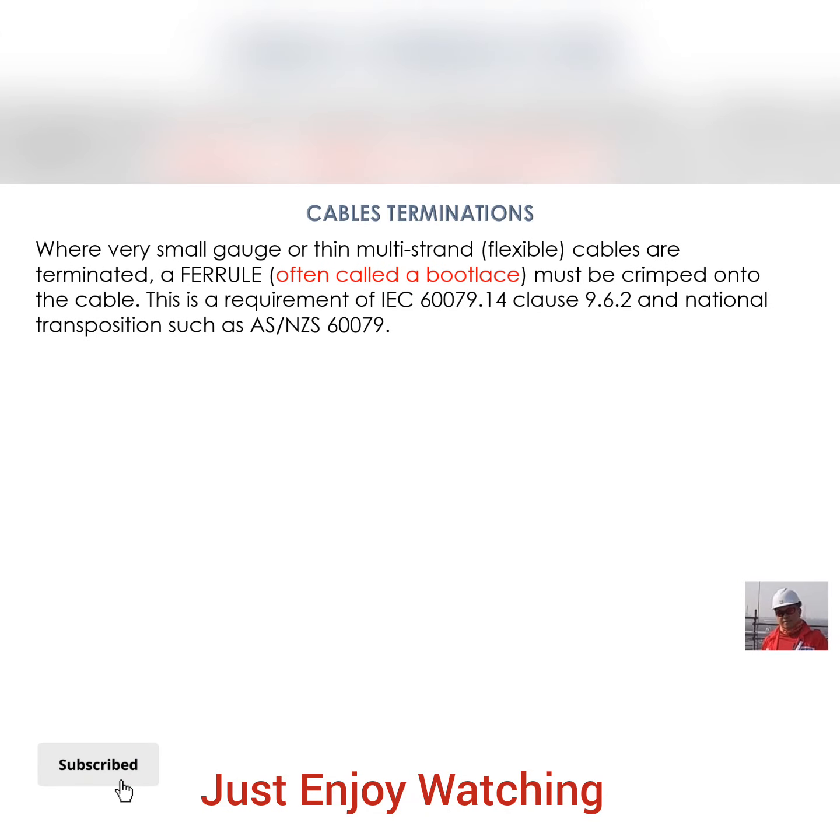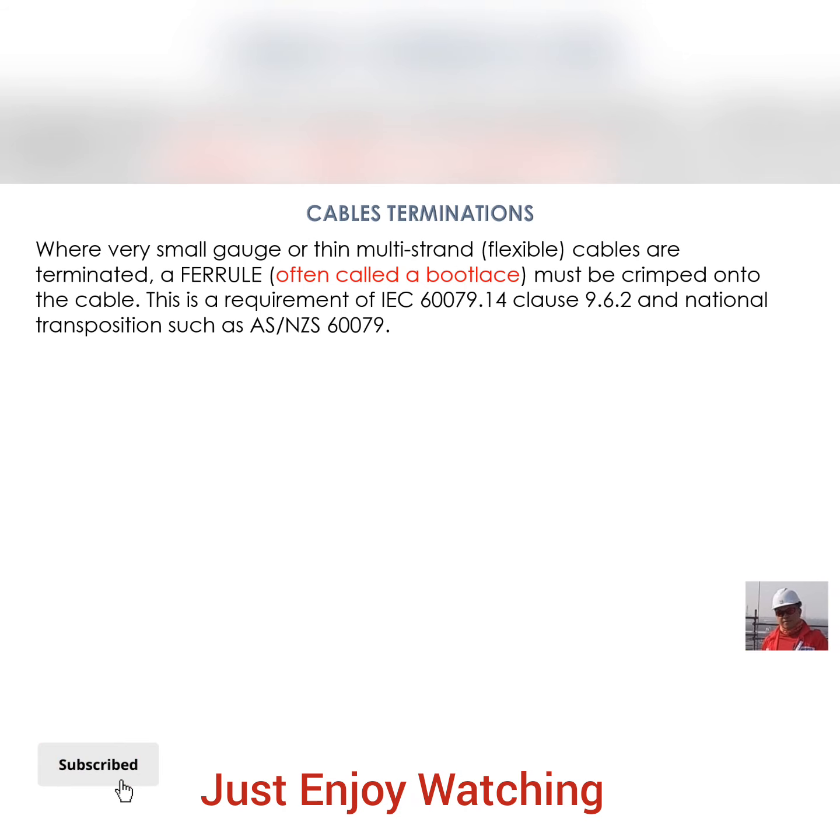So we have a very small gauge of 10 multi-strand. So you are encountering small wire in our project, mostly like this kind of wire that's very small, like 0.5 mm, very small cables.